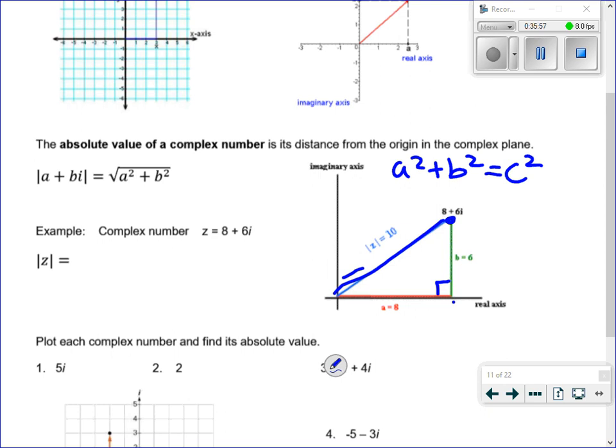You're taking the square root of your a squared term, which was 8 squared, plus your b squared term, which was 6 squared. And that should give you the square root of 100, right? Which is 10.